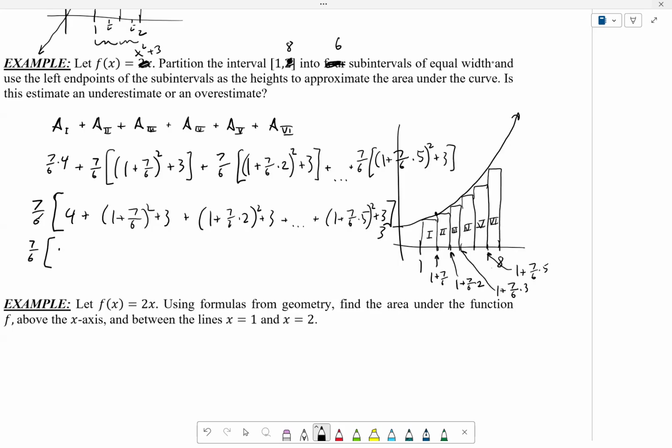So 15 plus 4 is 19, leaving us with 1 plus 7/6 squared plus 1 plus 7/6 times 2 squared plus dot dot dot plus 1 plus 7/6 times 5 squared.